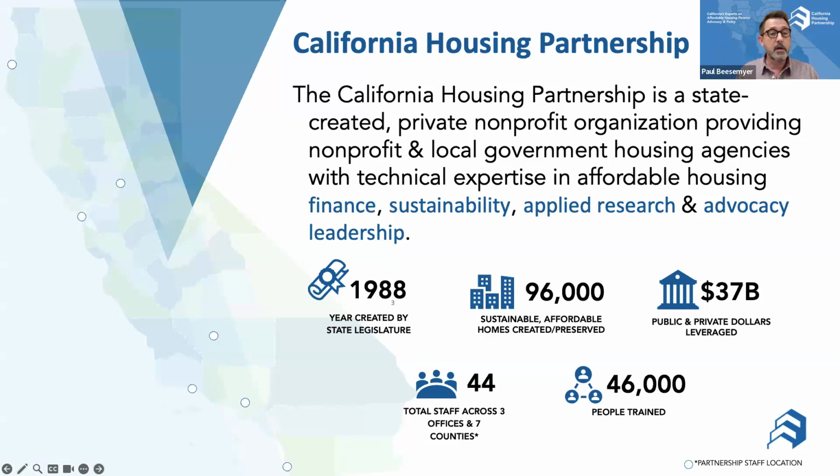We have a team that focuses on increasing the environmental sustainability of existing affordable housing and the sustainability and climate resiliency of new affordable housing. And lastly, we have a team that spends a lot of time in the hallways of the legislature and working with regulatory agencies on legislative and policy advocacy surrounding affordable housing issues.